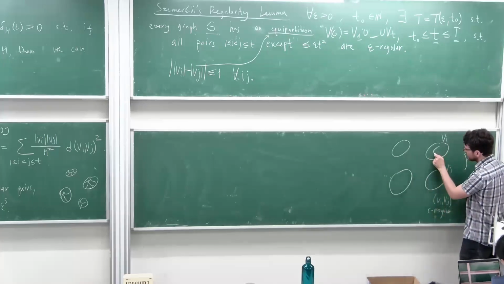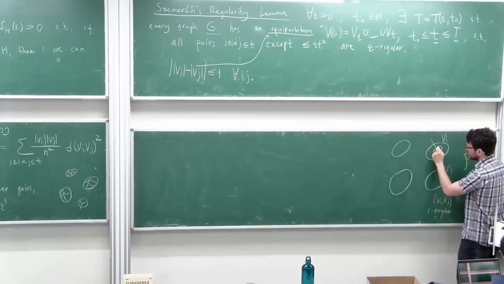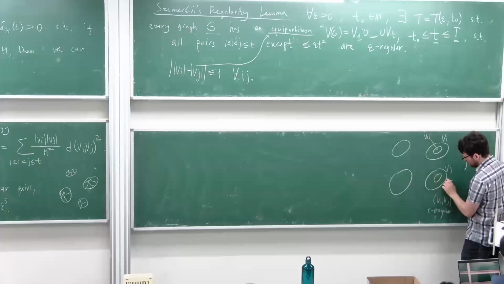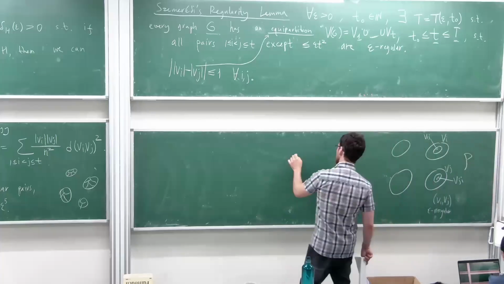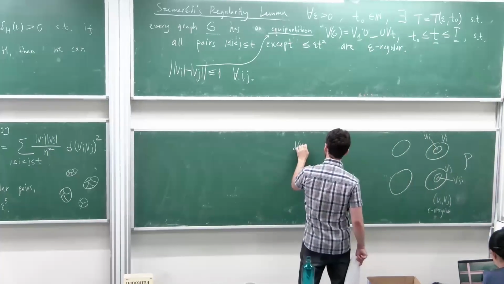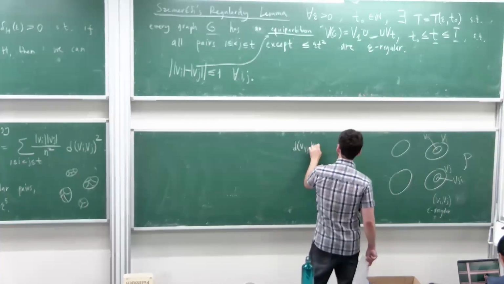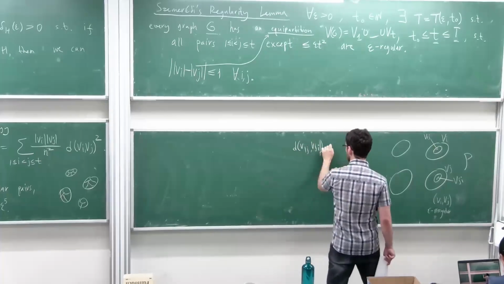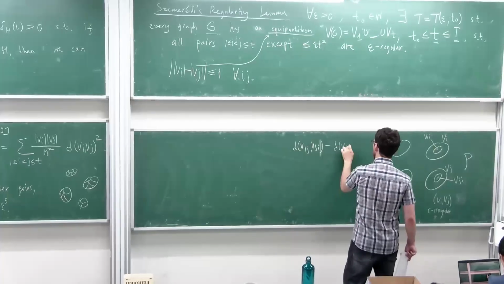Well, this means that we can find some set here, let's call it Vij, and we can find another set here, let's call it Vji, such that the density of Vij and Vji is very different than the density of Vi and Vj.